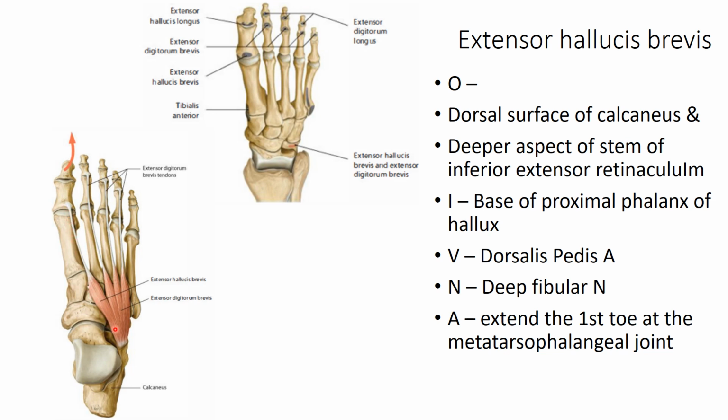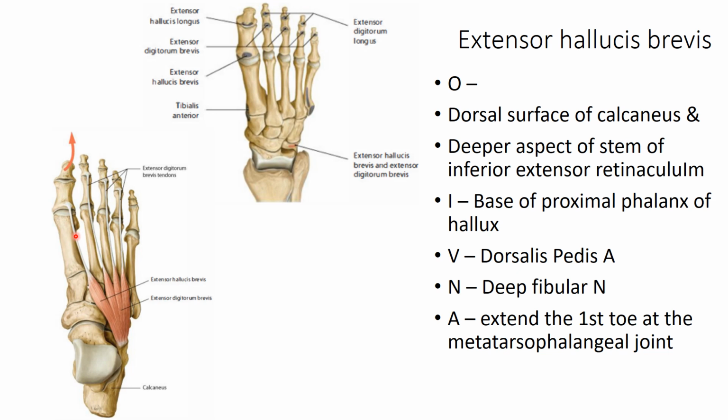It originates from this dorsal surface of calcaneus and the deeper aspect of the stem of inferior extensor retinaculum, and this travels just deep to the tendon of extensor hallucis longus and travels towards the hallux, and it is inserted into the base of the proximal phalanx of the hallux.